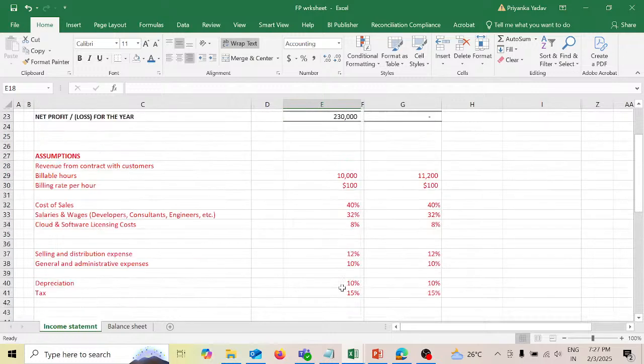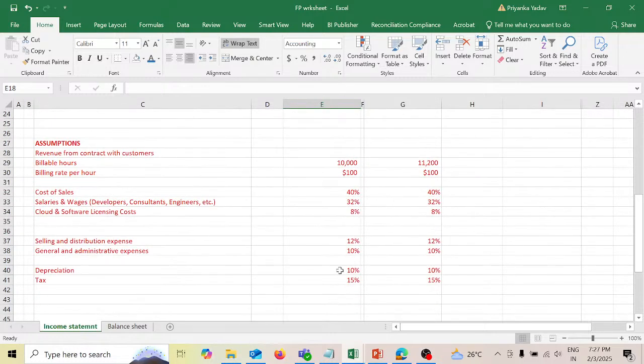Now we'll find the rate here. Depreciation is provided at 10%. This is fixed on the straight line method, so whatever your existing fixed asset is, you'll provide 10% depreciation on it.